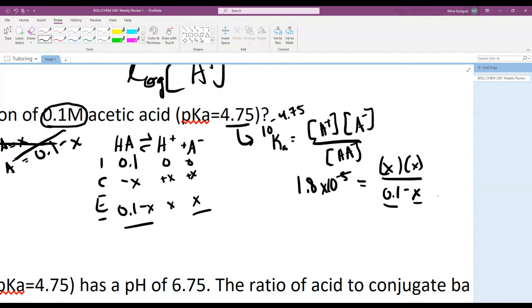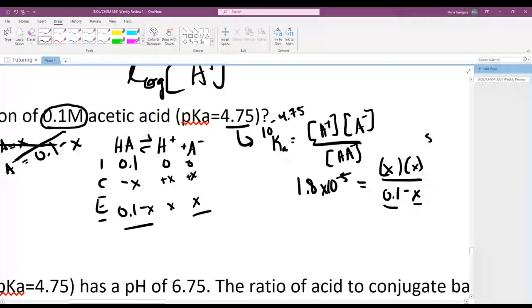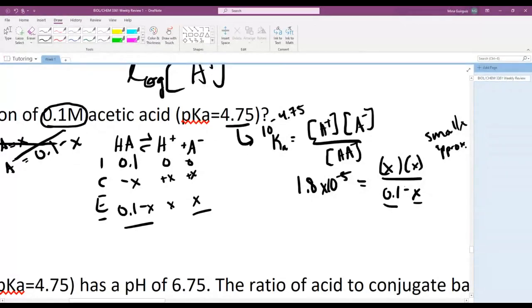In my head, it's basically 0.1, right? There's such a tiny difference that we can just go ahead and ignore it, okay? So when we use the small x approximation, we can ignore the bottom x. We can't ignore any of the top ones because they're not being subtracted or added, but we can ignore the bottom one that's going through a subtraction, okay?